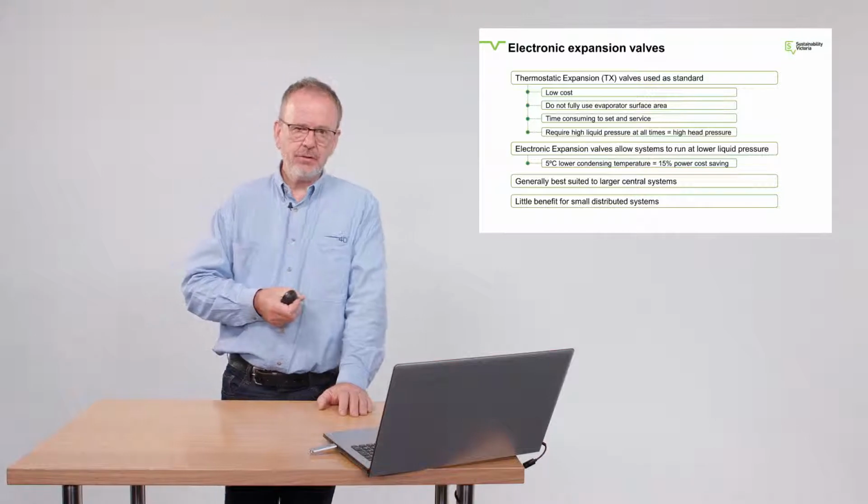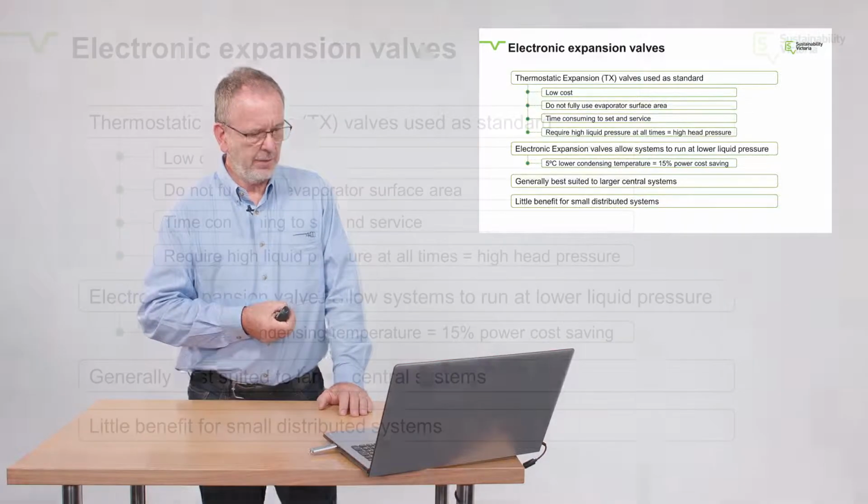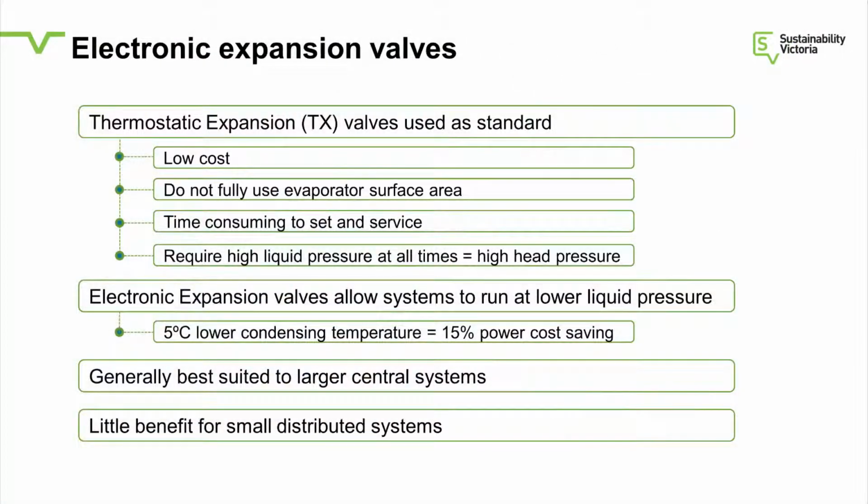Electronic expansion valves are a nice innovation from several years ago. Up until now, we've been using thermostatic expansion valves, which are mechanical devices, and they have their limitations, as every mechanical device has. An electronic expansion valve wets the coil better from the inside with refrigerant, and it can also run at a lower pressure of refrigerant.